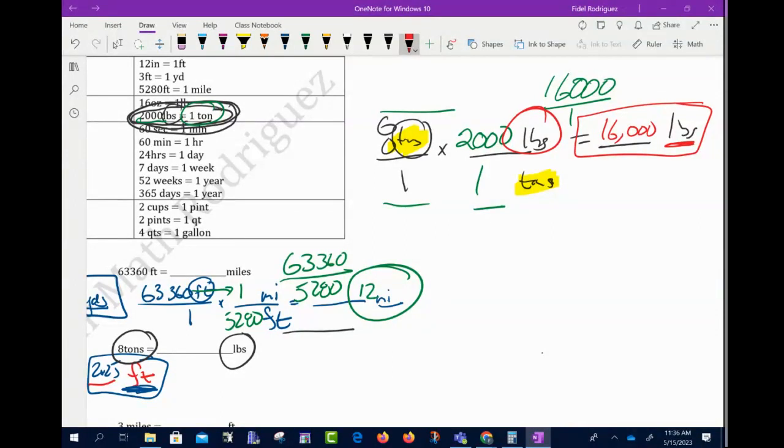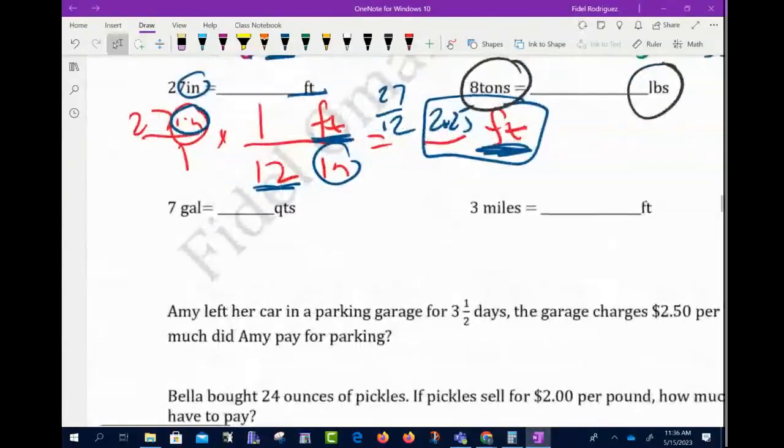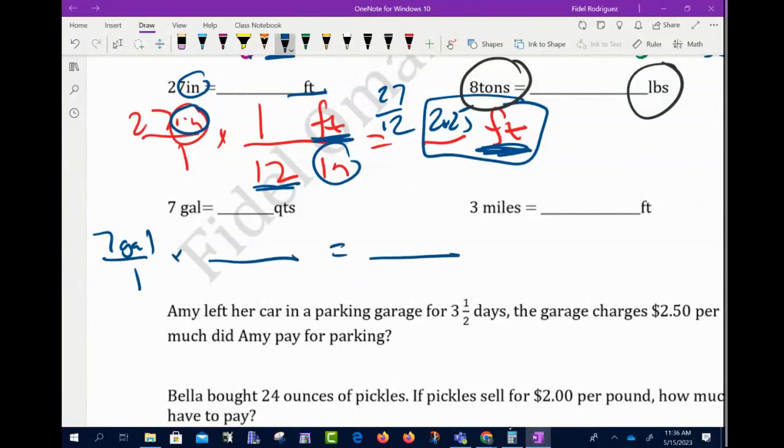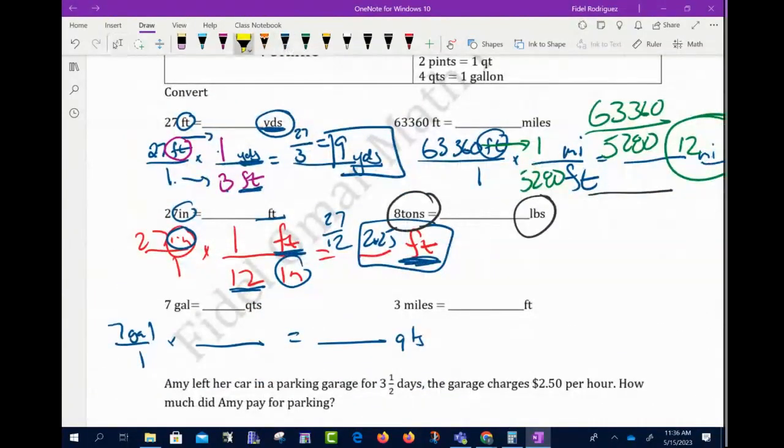Okay. All right. So look, y'all, we got a couple more. Let's go through these here. 7 gallons to quarts. I'm going to write it like this: 7 gallons over 1 times something is going to give me my answer in quarts. I'm going to scroll right here because this is the part that I'm looking at. 4 quarts is the same thing as how many gallons?